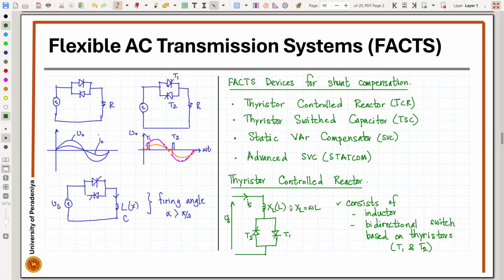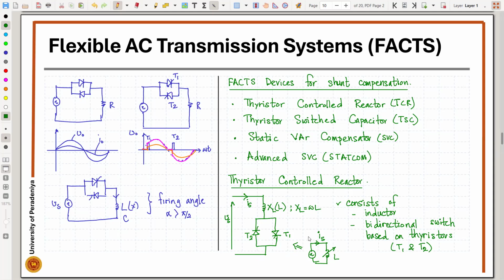So we will be using a fixed inductor. We are not using a variable inductor. But what happens when you vary the inductance is that, let's say instead of this one, we use a variable inductor with the same supply voltage. If you apply the same supply voltage to a variable inductor, you are going to see that the current flowing through the inductor is going to be different.